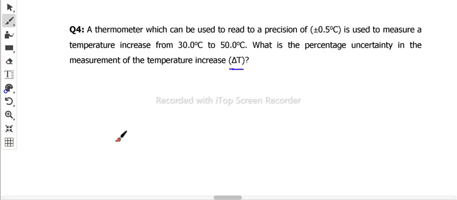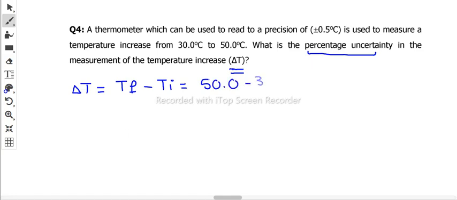So the question is asking to determine the delta T, and we need to find out the percentage uncertainty for it. So firstly, I'm going to find my delta T, which is the increase in temperature. So it is T final, definitely minus T initial. So it will be 50 minus 30.